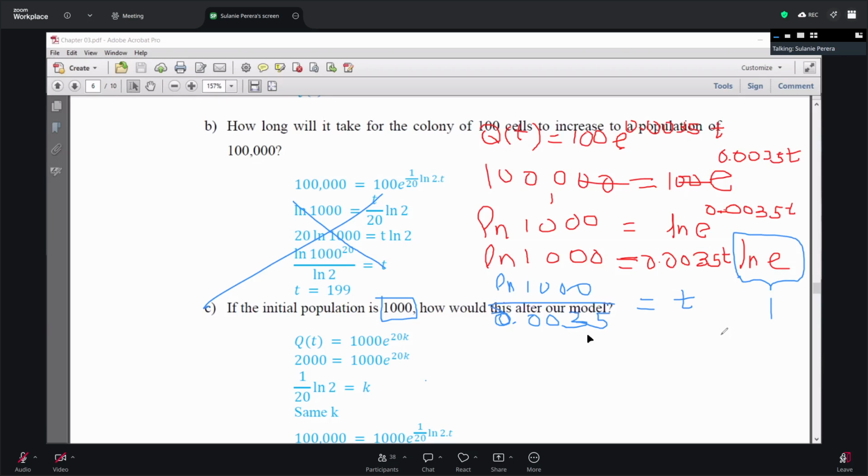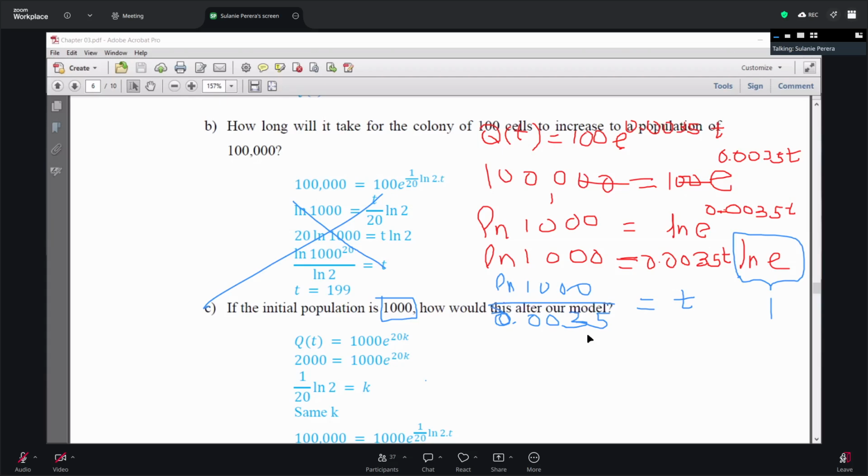Part B. Did you all find k? Part C. Did you all find k?